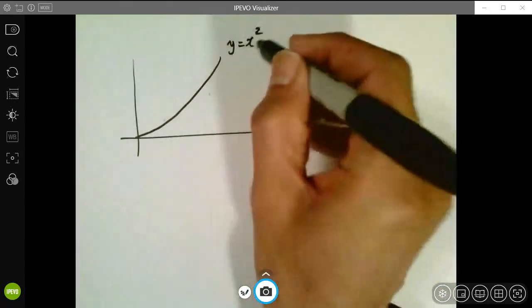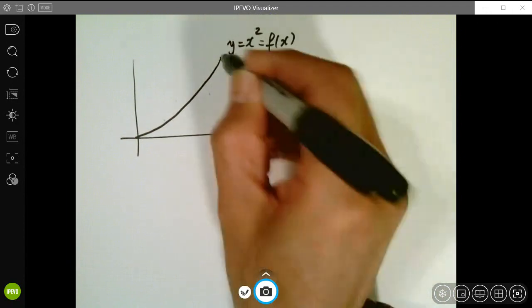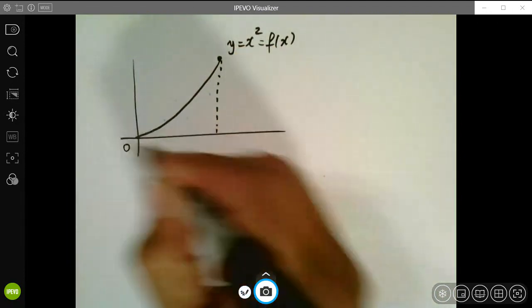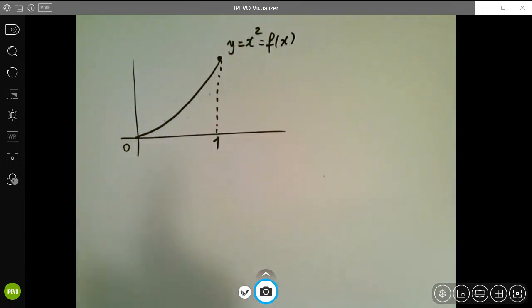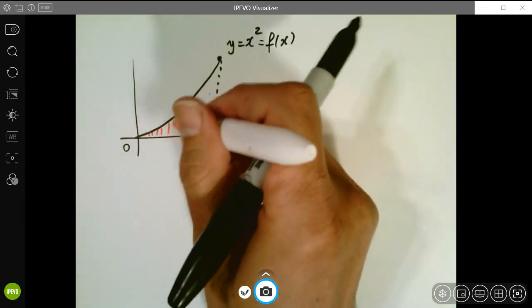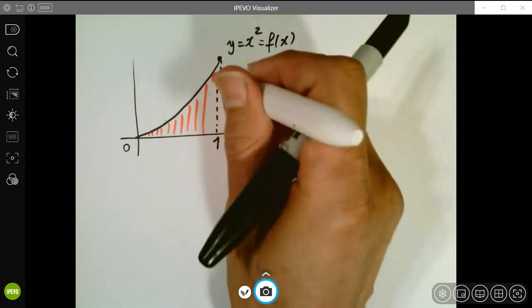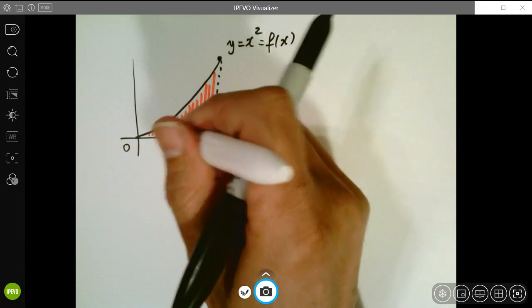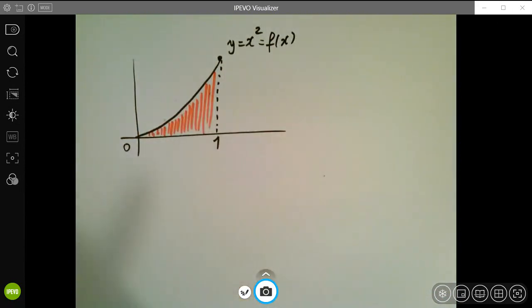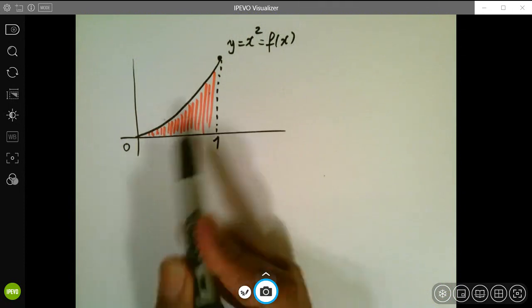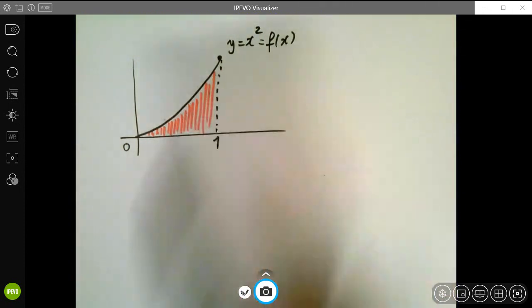And I ask you, what is the surface area under the curve? It's very easy to see that the surface area under the curve is this one.